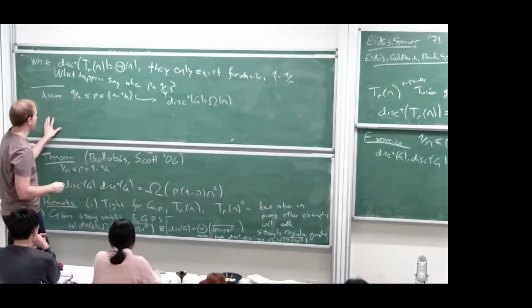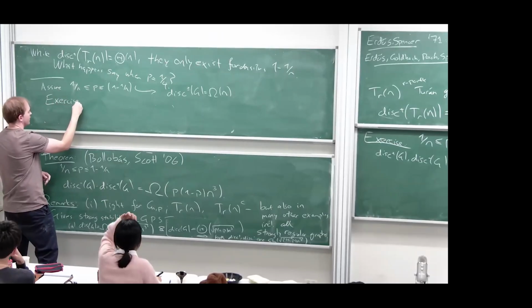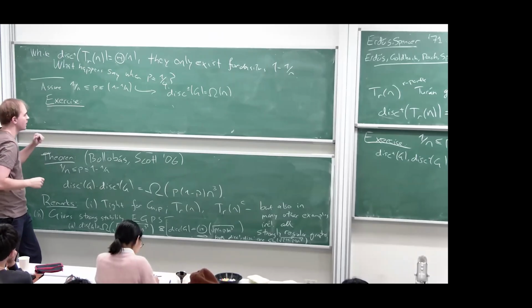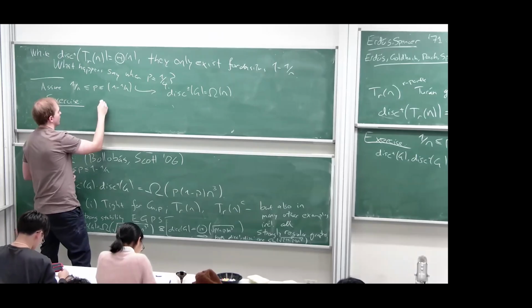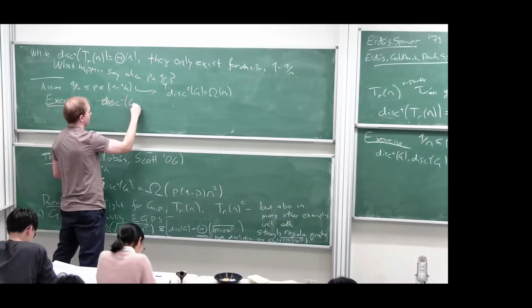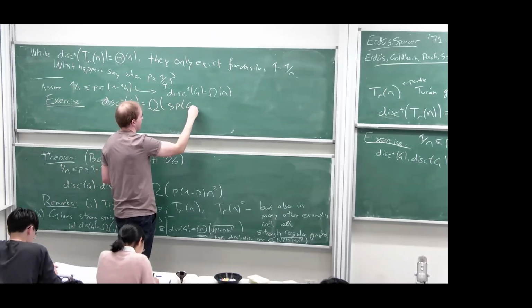So in this regime, I leave this as an exercise to prove, let me just make sure that I get this right. Yeah. If the negative discrepancy is lower bounded by the surplus.